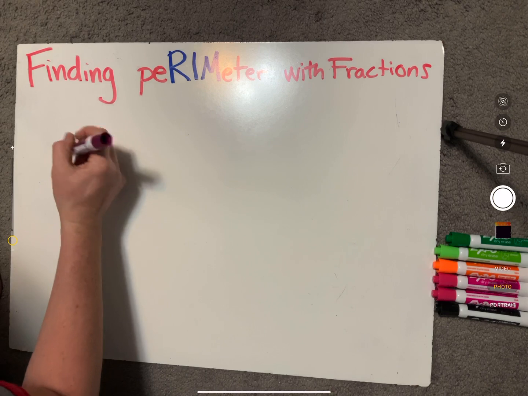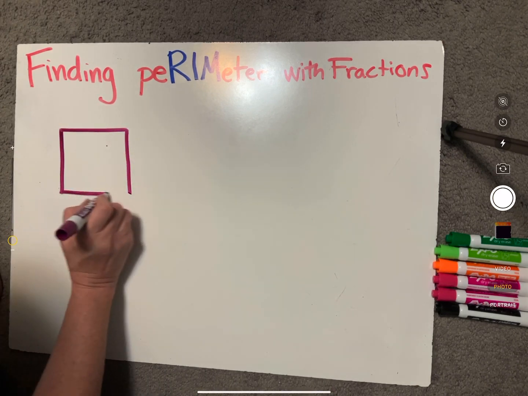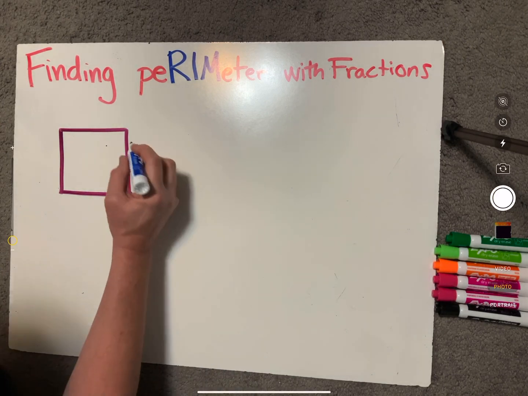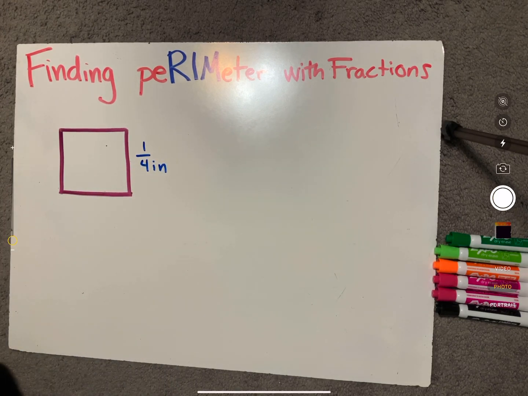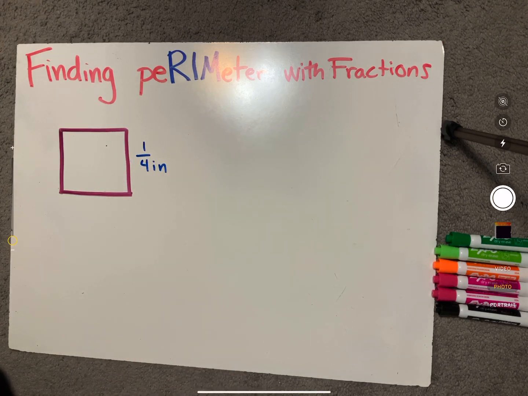So if, for example, I had a square that looked like that, and the length of these sides was, let's say, 1/4 inch, right? So all I'm going to do, just like with our regular perimeter, if we had whole numbers, we're just going to add this up.